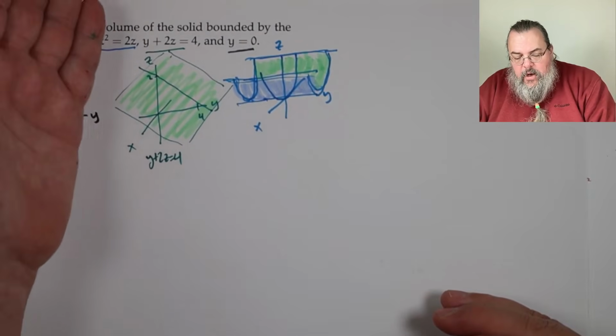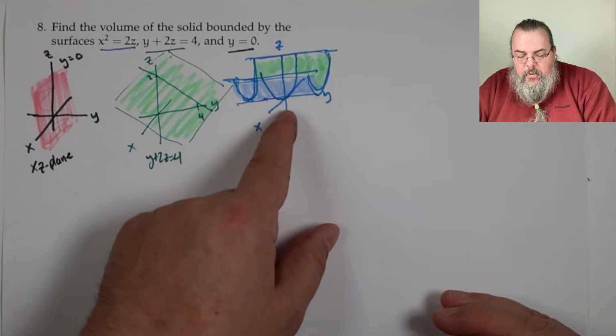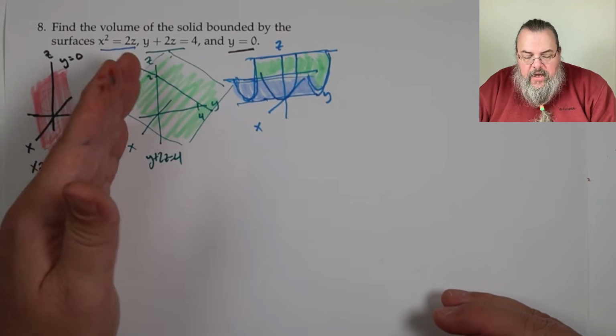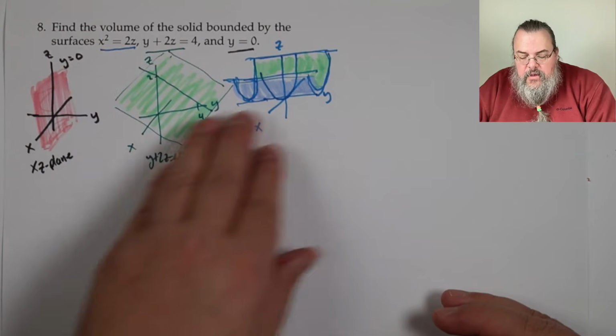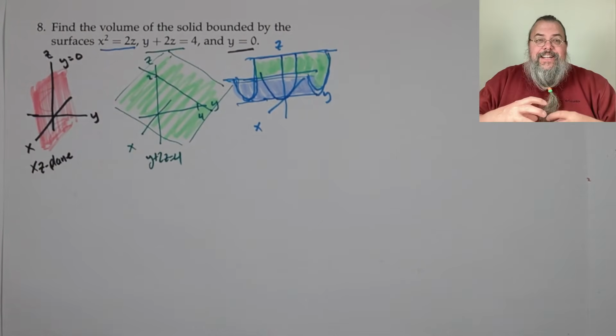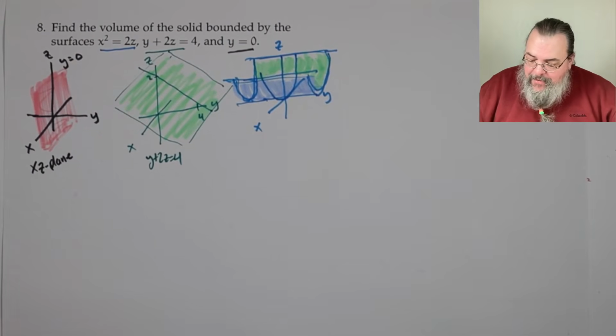We'll take this y plus 2z equals 4, slice it down, and then we'll be above this trough. So we want to be to the right, below, and above. That's the combination of those three, which makes things finite.